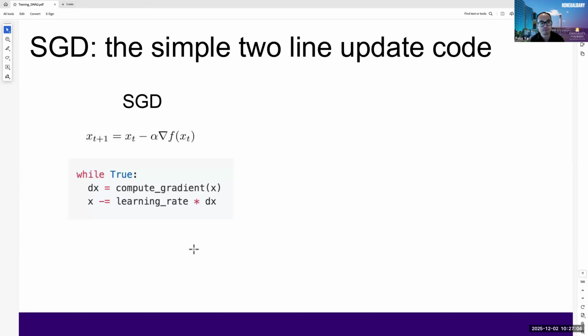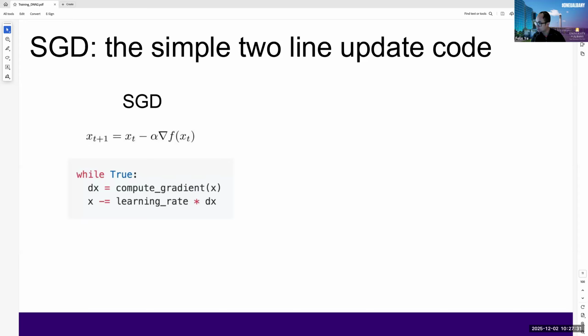For stochastic gradient descent, this is a very simple two-line update of code, right? Basically, you have a gradient, then you update your weight. This is similar to vanilla gradient descent, a very simple two-line update. This is why we use it, and it's very useful and effective.